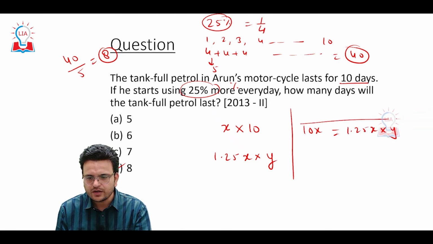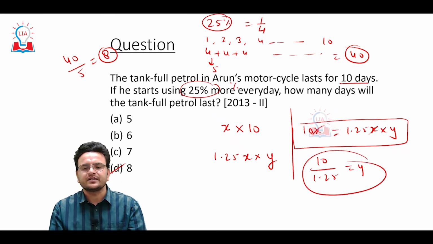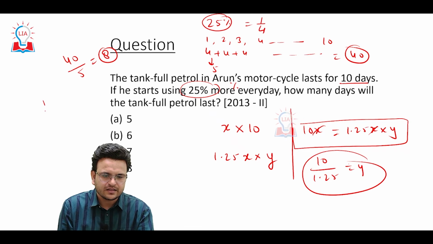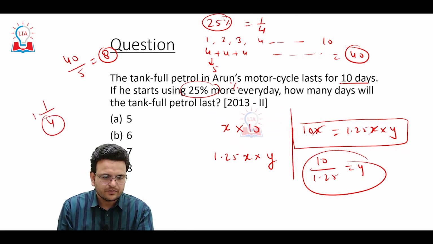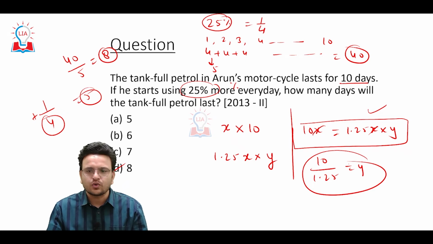If you solve it, you are going to get the answer. X cancels, and 10 upon 125 equals y. This will again be 8. So by two methods: by the percentage method, like 1 upon 4, 4 liters per day, it has increased, plus 1 equals 5. This is one way you can solve this particular question. By equation also you can solve it.